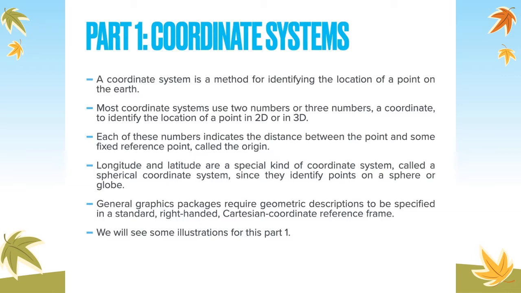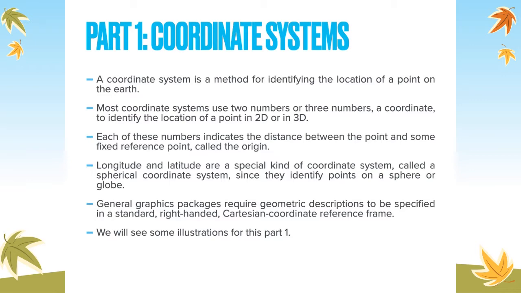Now, a coordinate system is a method for identifying the location of a point on the Earth. Most coordinate systems use 2 numbers or 3 numbers, as coordinates to identify the location of a point in either 2D or in 3D.